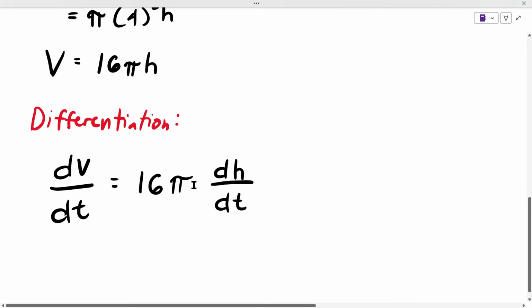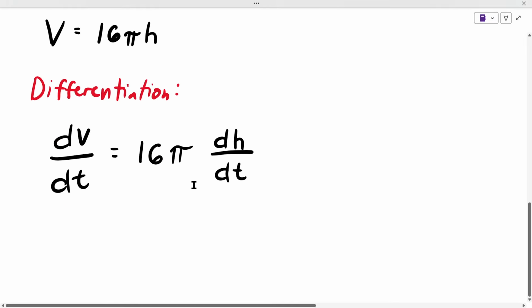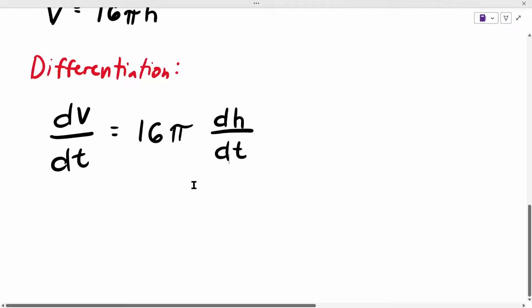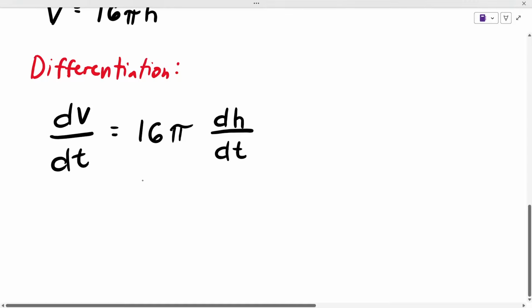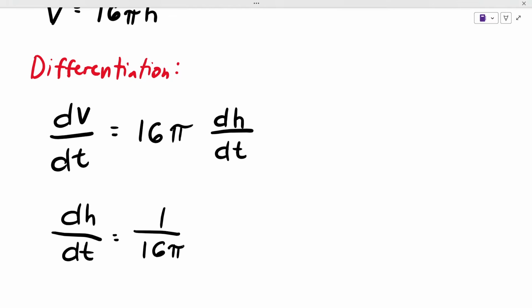Since we want to find dh over dt, let's remove this 16 pi by dividing both sides by 16 pi. So this gives us dh over dt equals 1 over 16 pi times dV over dt.